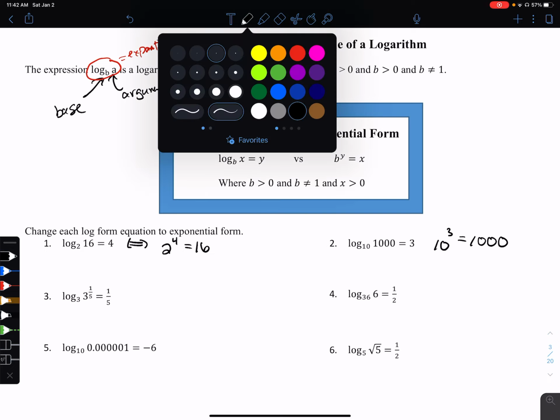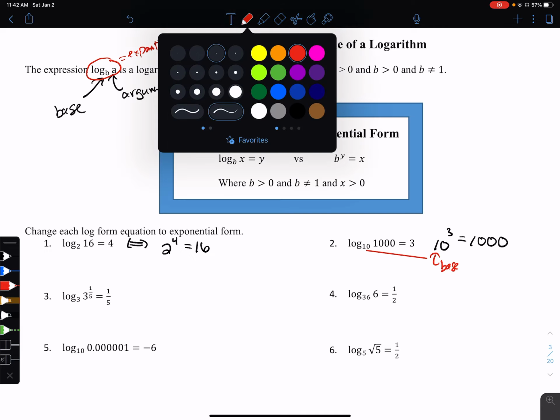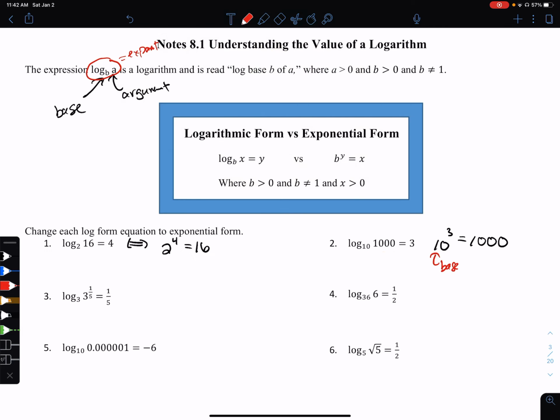Let's just make a note here. This is the base. This is the exponent. And this is the argument.